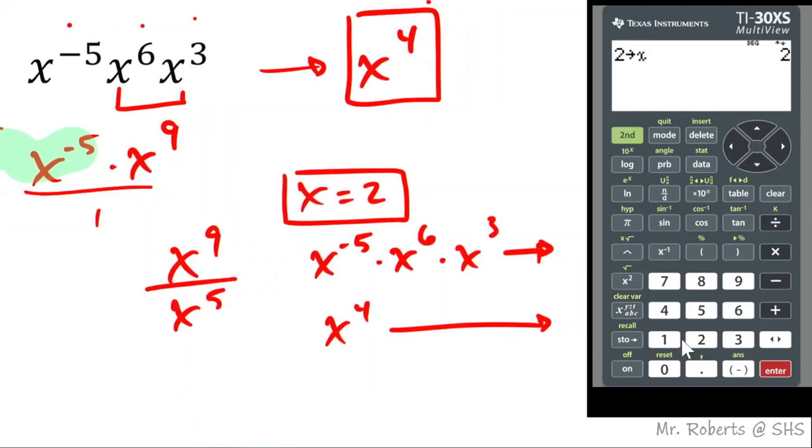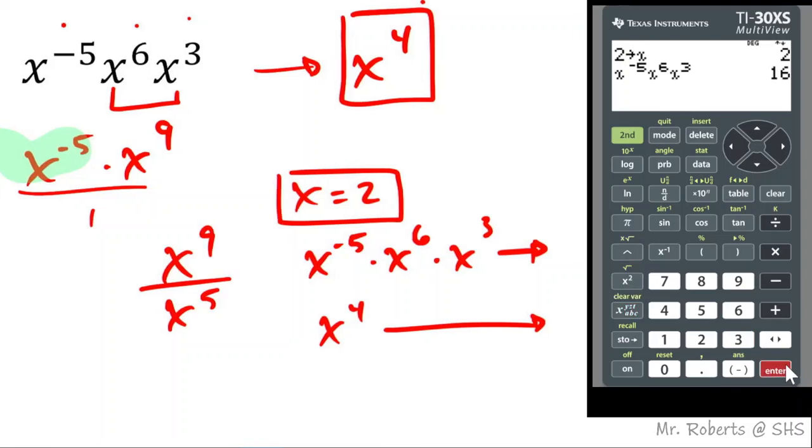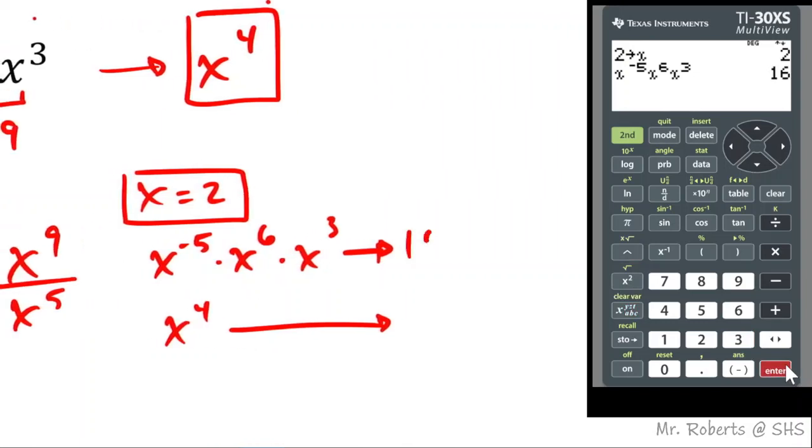And I want to compare x raised to the negative 5th power, notice I'm hitting this button to get the negative, and I'm going to multiply that times x to the 6th power, and multiply that by x to the 3rd power. I get the number 16, right? I'll write a 16 right here. And I want to observe what x to the 4th is. Let's look. x to the 4th power is also 16, right?